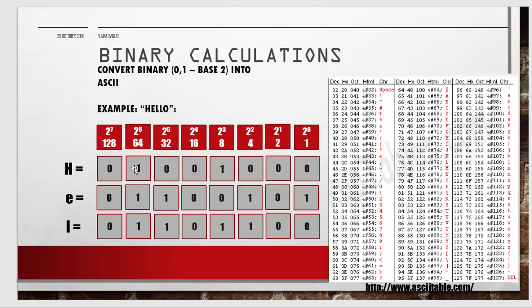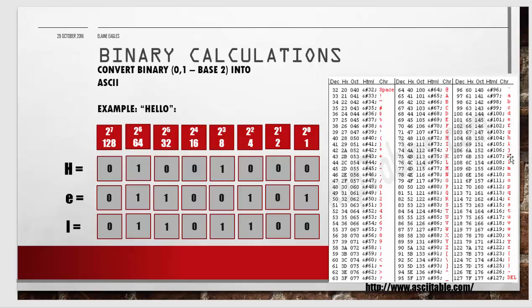So for a H it's 64 plus 8, which is 72, and that's it. So this is the binary for a capital H. If you look at the lowercase h, you'll see that's 104, so that's a different character altogether represented on the computer. That's why you need to make sure you check for both, and that's also why you have case sensitivity on Unix and Linux and Mac and Raspberry Pi.